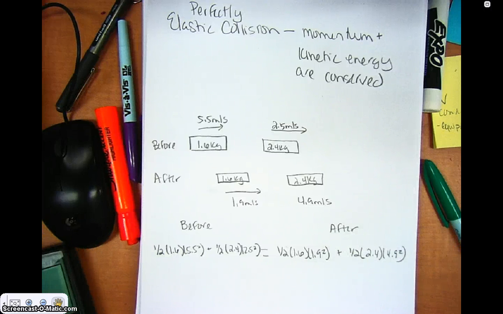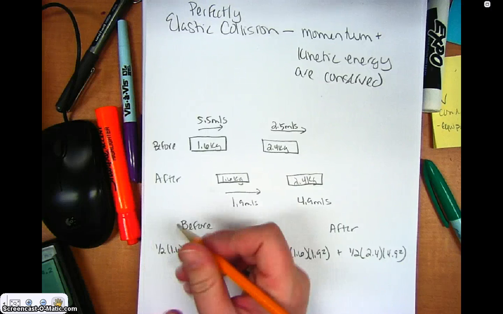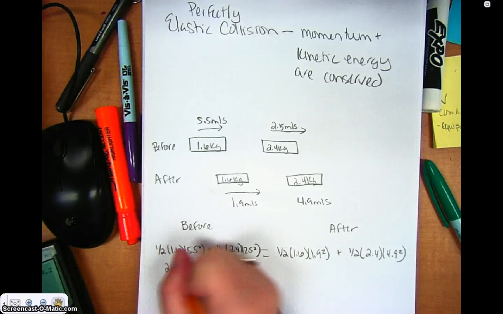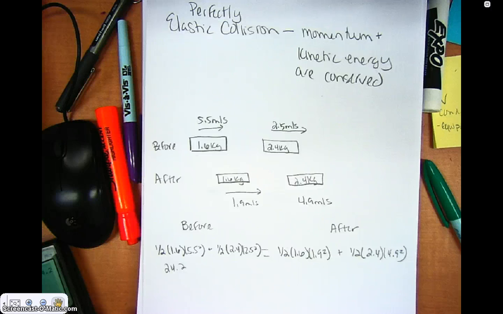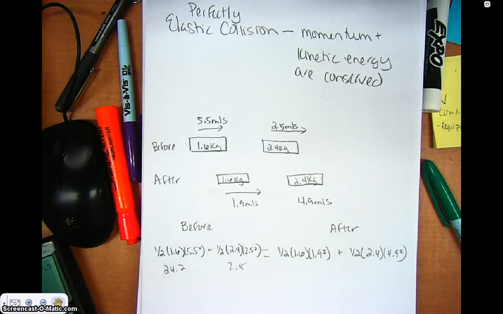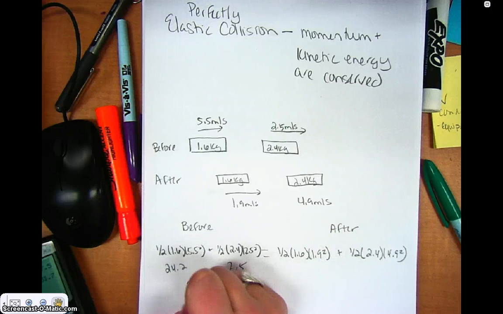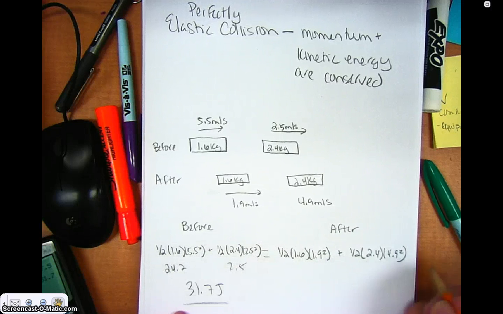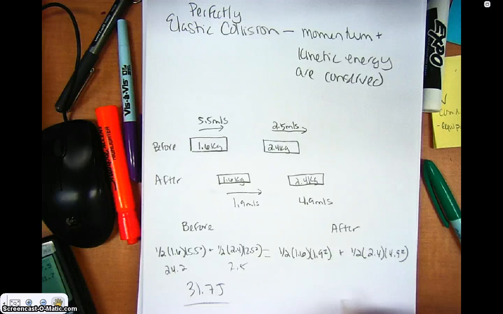So if I just type that in, 0.5 times 1.6 times 5.5 squared equals 24.2 for this one. And then I get 7.5 for this one, so we'll add those two together, and I get 31.7 joules to start with here. And then let's go over here and see what we have there.